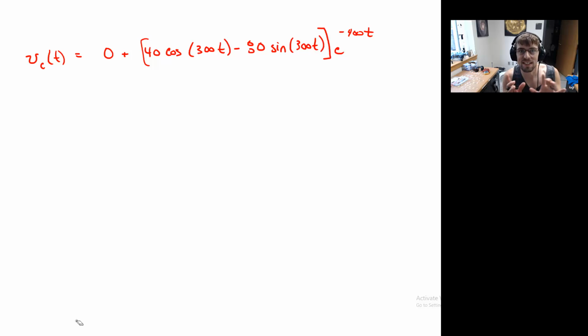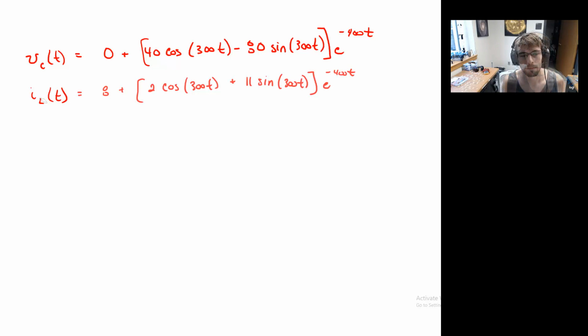So hopefully you can see the utility of that table. I was able to apply the same kind of ideas both for the current flowing through the inductor, IL, and the potential across the capacitor. Cool, huh?